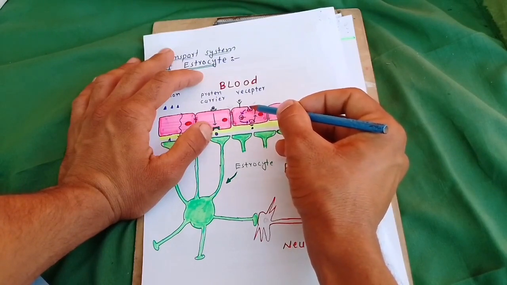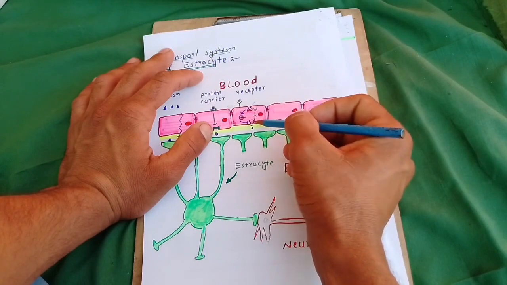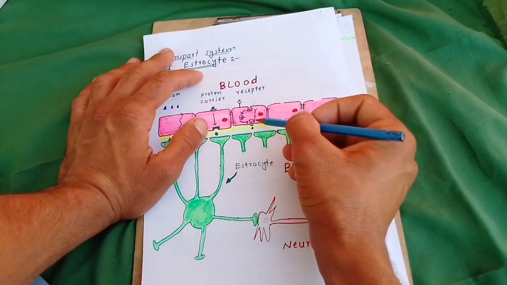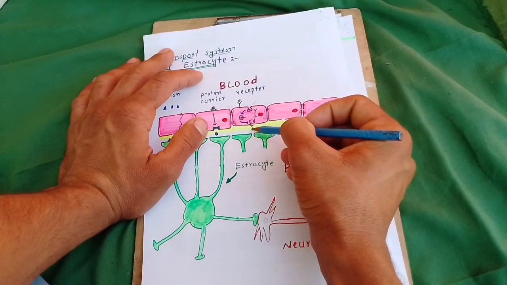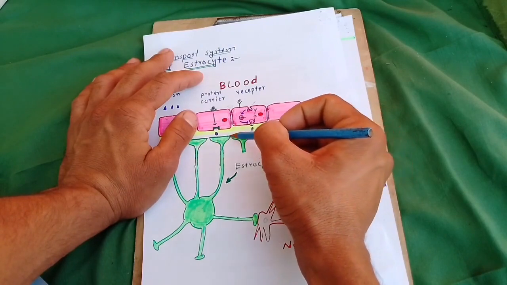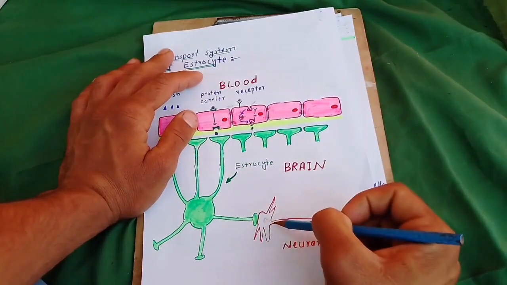By exocytosis, the receptor releases this substance toward the extracellular space, and then this substance is taken by the astrocyte and given to the neuron.